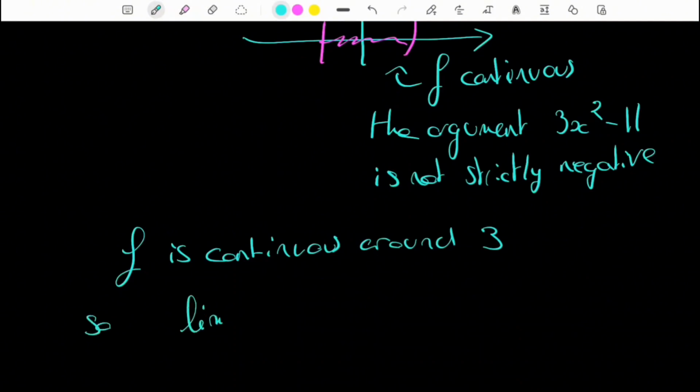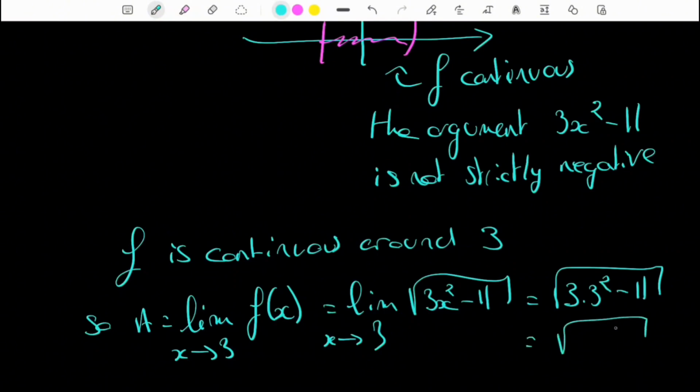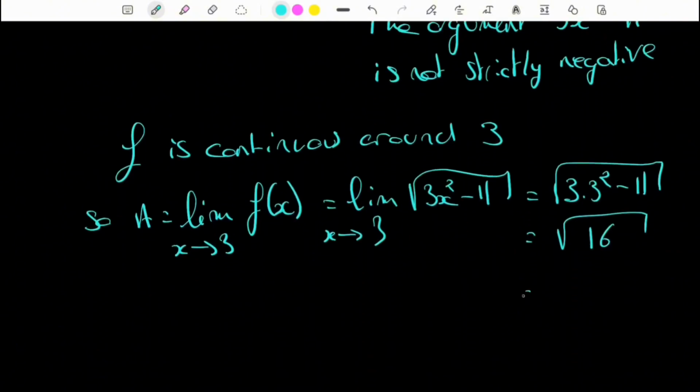So, a is equal to the limit when x tends to 3 of f of x is equal to the limit when x tends to 3 of square root of 3x squared minus 11 is equal to square root of 3 times 3 squared minus 11 is equal to square root of 16 is equal to 4.